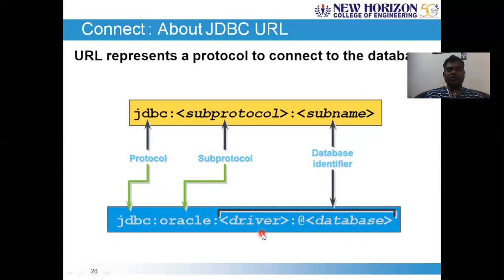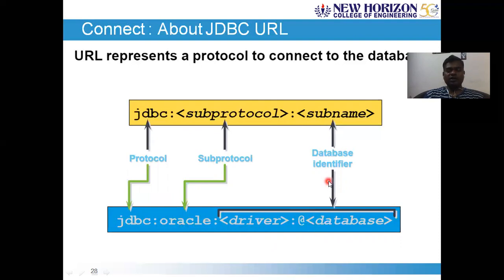That word thin will be defined by the DBMS product developers. For the database that I'm using and illustrating in the further sessions, it is the thin driver. So you must use the JDBC Oracle thin driver.